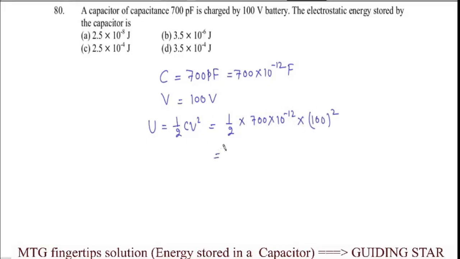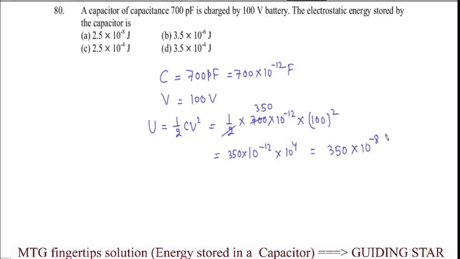So finally over here, how much will we be getting? Half of 700 will be 350. So it will be 350 into 10 to the power minus 12 into 10 to the power 2, and its square will be 10 to the power 4. So it will be 350 into 10 to the power minus 8.